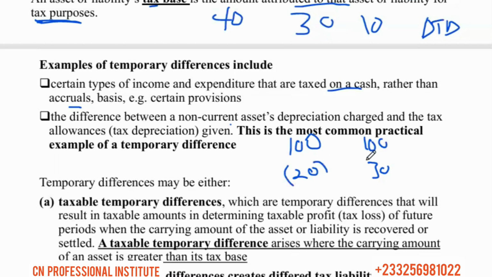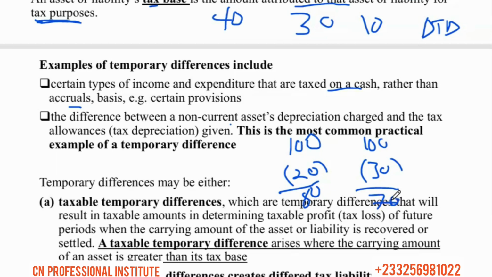The entity and the tax authority will have different carrying values. So the asset cost 100,000, but depreciation is 20,000 and capital allowance is 30. So you see that the carrying value here was 80, but the tax base was 70.